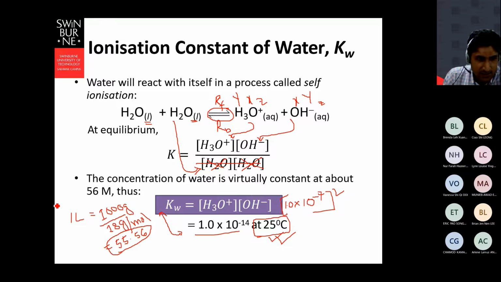Or if we add another 1 liter of water, it will become 2 liter water. So it's still the same thing, right? So that is why we cannot make the water concentration change, but only the Kw value will change according to the temperature, since the equilibrium shifts with the help of temperature.